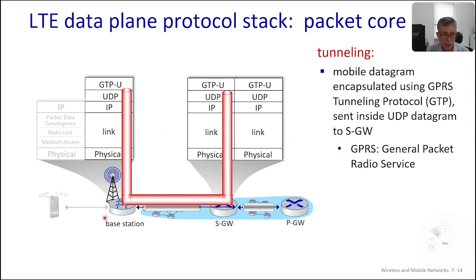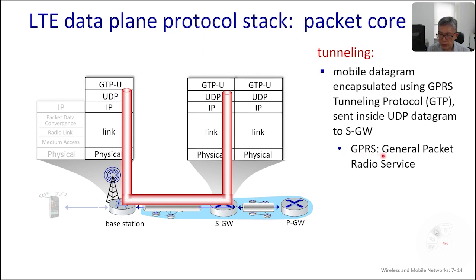So basically the base station uses a GTP tunnel and forwards the data toward the S-gateway, and also forwards to the P-gateway.